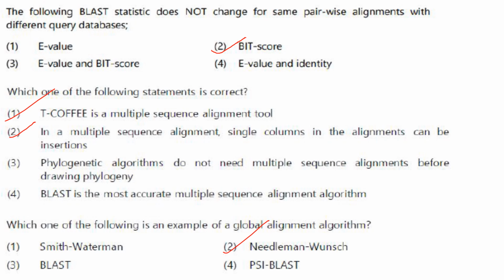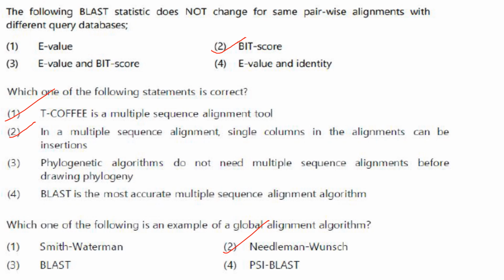It is the bit score that is not going to change because bit score is calculated based on sequence similarity, alignment length, scoring matrix, that is BLOSUM or PAM, and gap penalties. And these factors are applicable for the alignment and they don't depend on the database. That is, bit score is a property of the alignment and not the database.